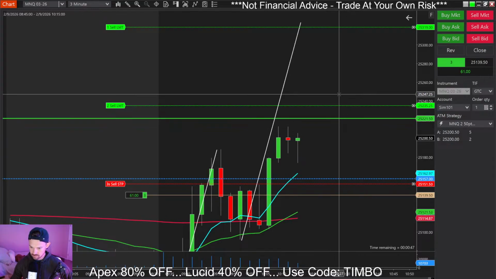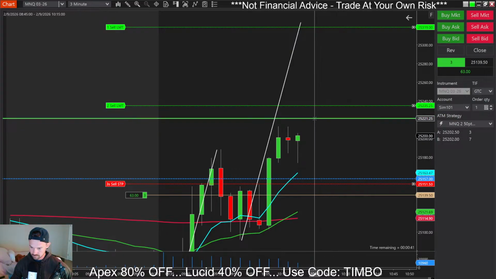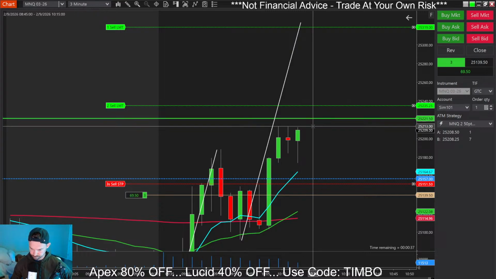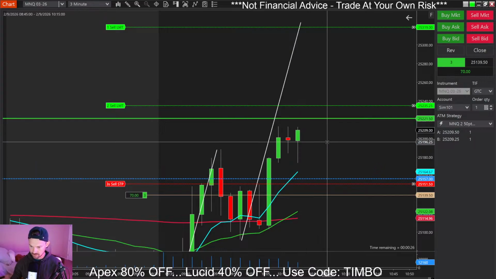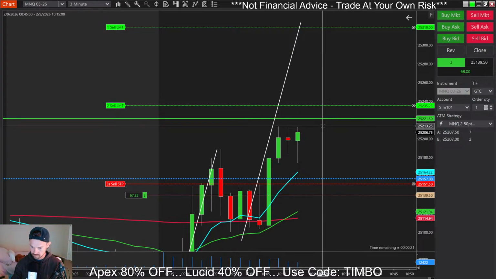Getting close. So we can get that push above previous day high. We got a new 15-minute candle coming as well. Come on, guys.